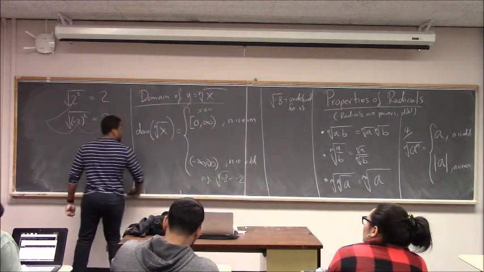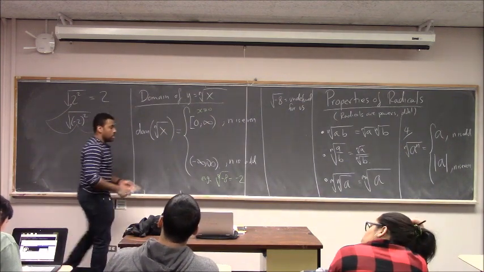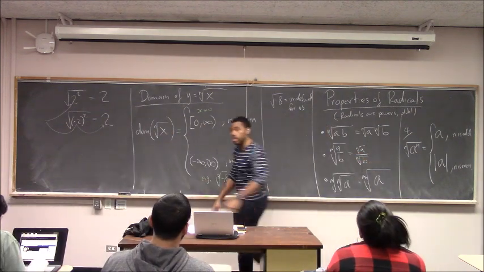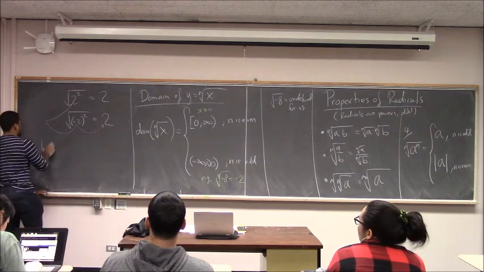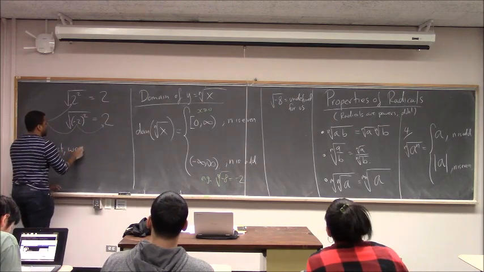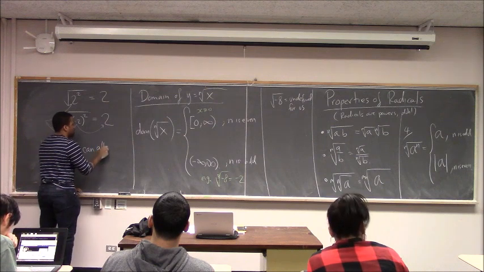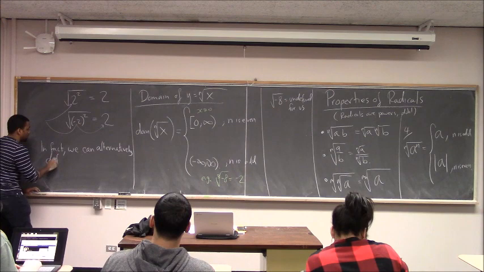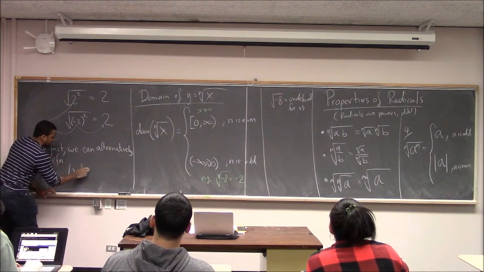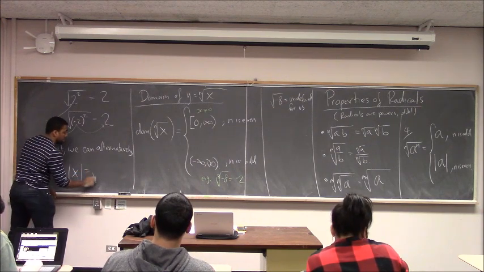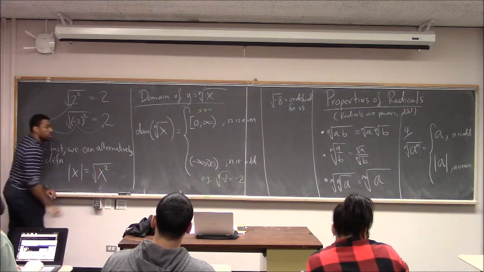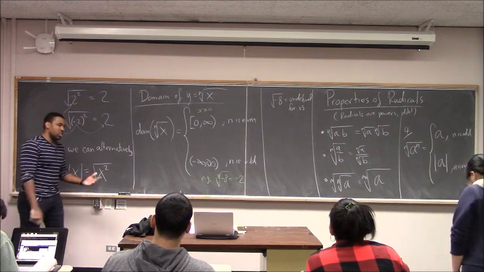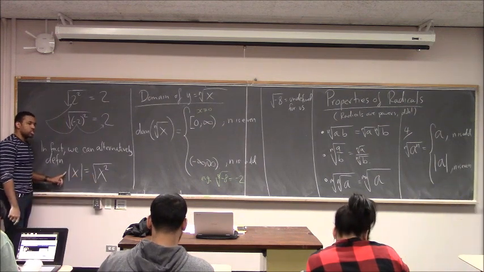So now, in fact, an alternative definition of the absolute value function is precisely that. There are several places that define this function as just the square root of x squared. You should know that's another definition, and thinking of it this way does show up from time to time.